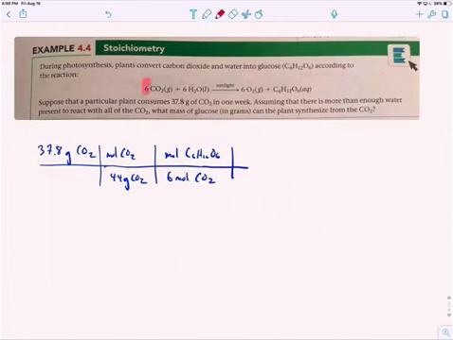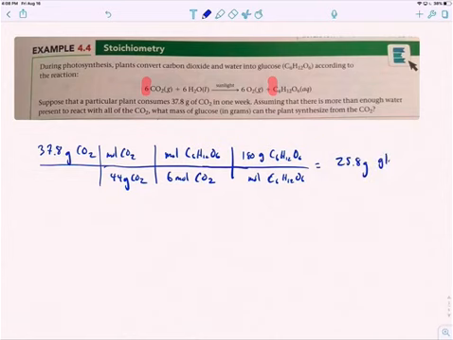And that comes from the ratio here in the balanced chemical equation. So this is one of the reasons why it's important to make sure that the chemical equation is balanced properly, because if this is the wrong ratio, you will get the wrong answer. And then last step, 180 grams of glucose, C6H12O6, per mole glucose, C6H12O6. So if you calculate that all out, you get 25.8 grams of glucose.